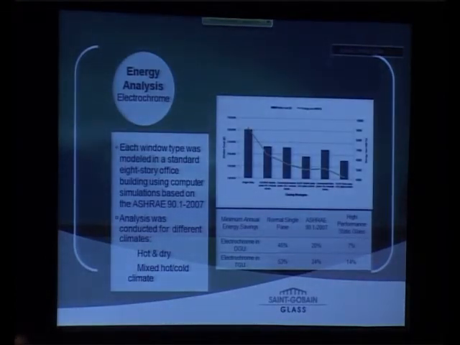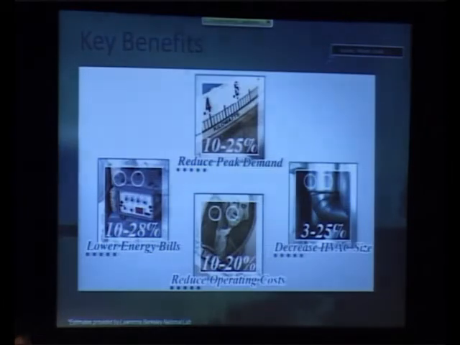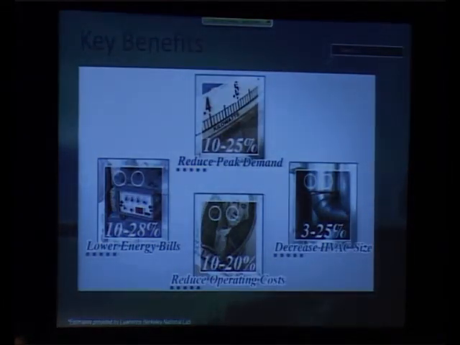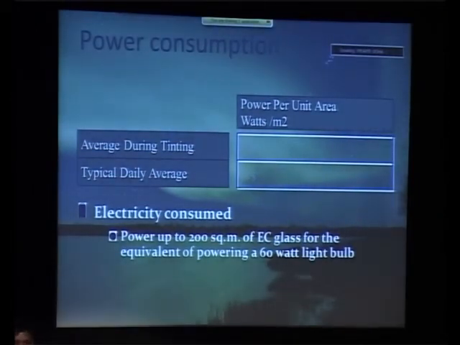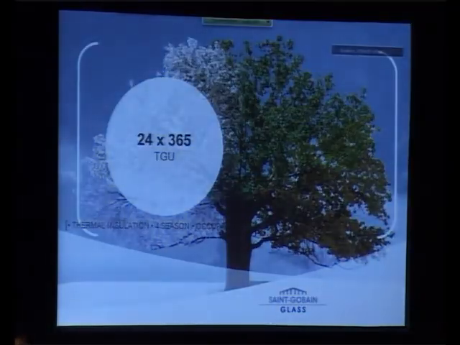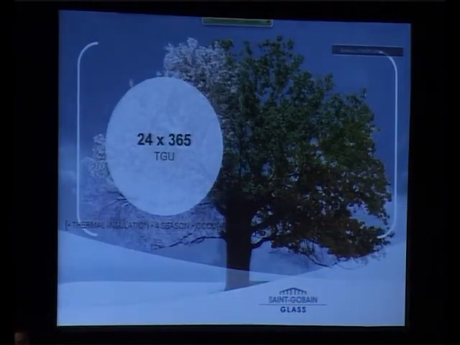So this is a chart which shows the savings. And LBNL has done some research on this, and they have found out how much savings you can make by integrating this technology. It also takes some electricity, some 2.5 watts, not much, it's minuscule. So that was about the second technology I wanted to introduce.